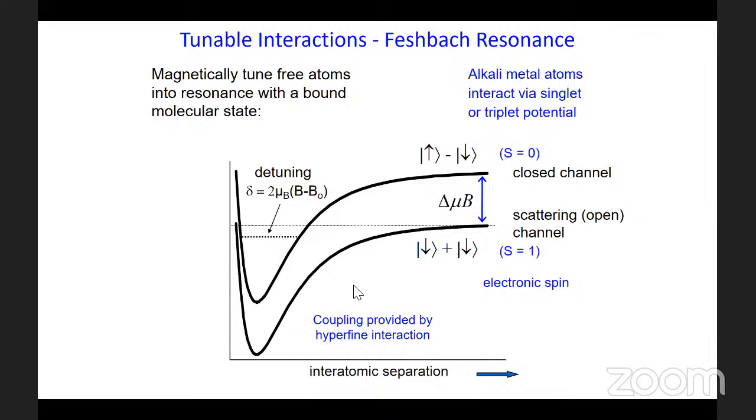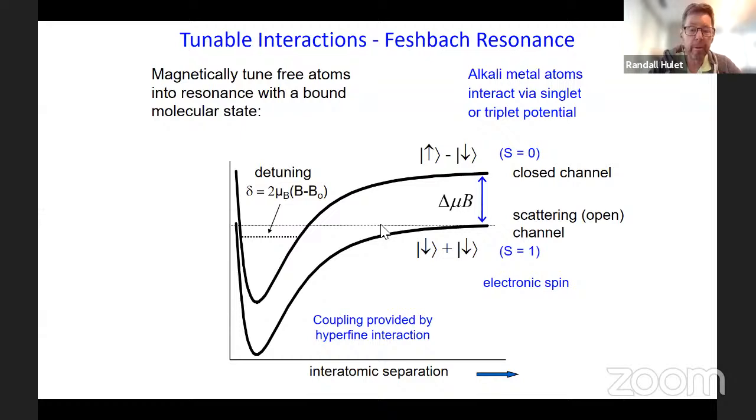Is there a thermal distribution of scattering energies? Yes. So the thermal distribution of scattering energies is whatever the temperature is of the atoms in this gas. And we're thinking here of ultracold atoms. So the scattering energy might be, in temperature units, microkelvin.